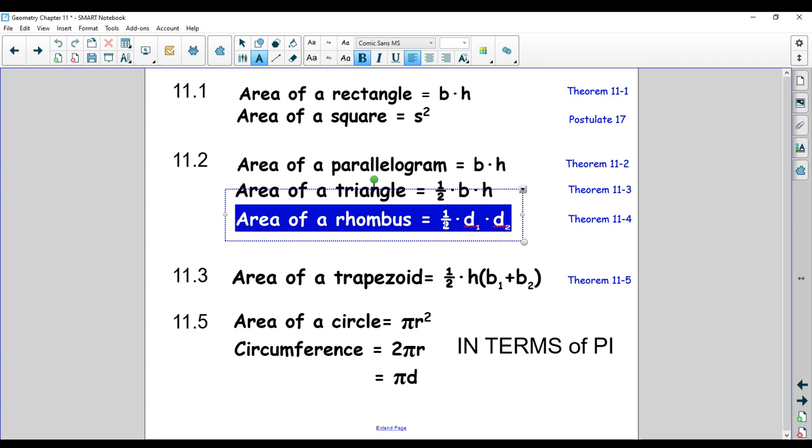And so we're taking the formula from an area of a triangle and essentially morphing it into base times height. But instead of base times height, it's the whole diagonal and the whole diagonal. So if you have a rhombus, you can use the formula for a parallelogram, or if you have only the diagonals, you could use the diagonals in the formula for specifically just a rhombus.